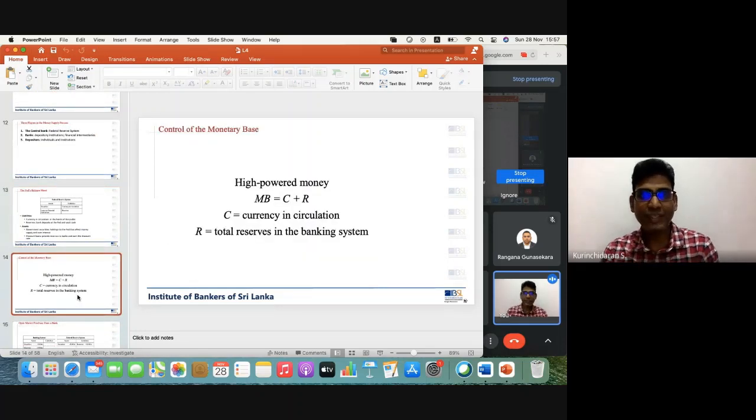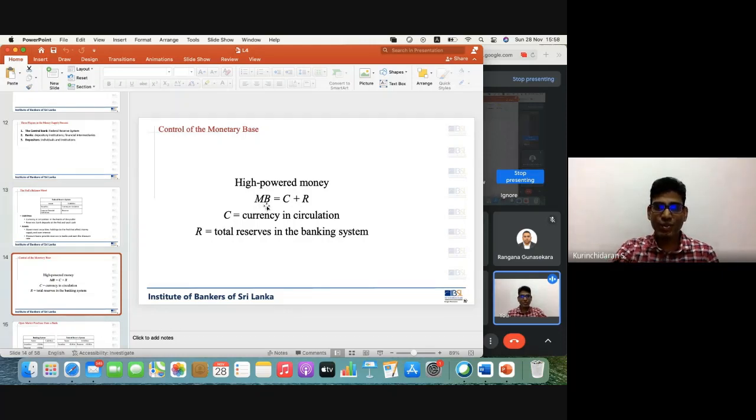Here the important thing is what we call high powered money. The term itself tells you the meaning: it has sufficient power, highly powered. You can use it for anything. That is what we call the monetary base, MB.